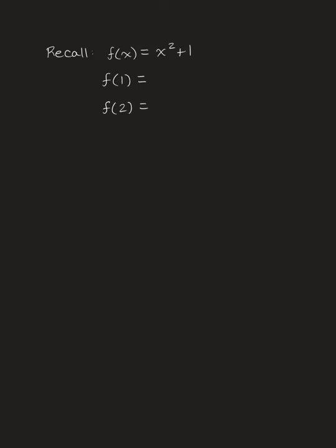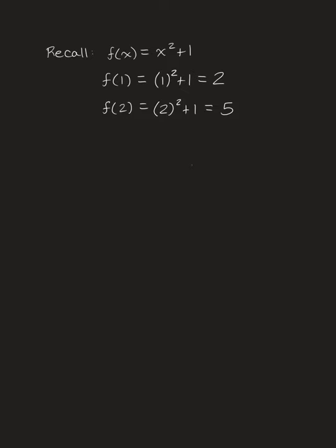So now let's look at what happens whenever we don't have numbers inside the parentheses. Okay? So recall that if I have f of x is equal to x squared plus 1, if I have f of 1, that just means you plug in 1 in for x. Okay? If I had f of 2, then you plug in 2 for x.